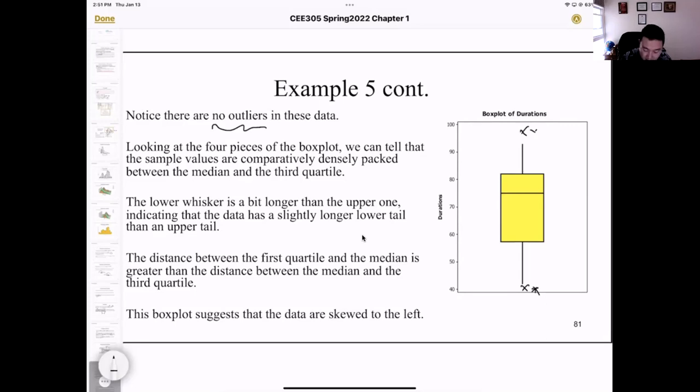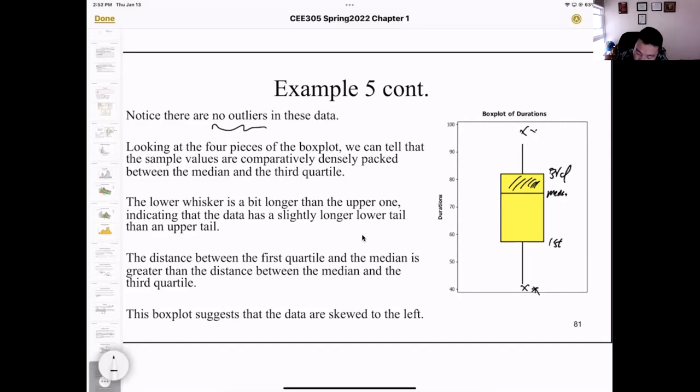Also, we can see the sample values are densely packed between the median and the third quartile. This is the median, this is the third quartile, and this is the first quartile.